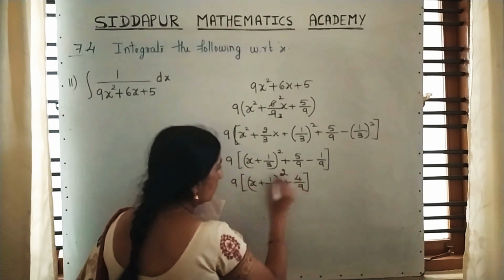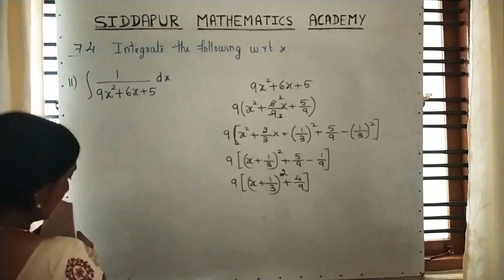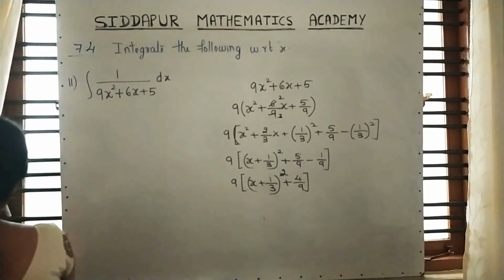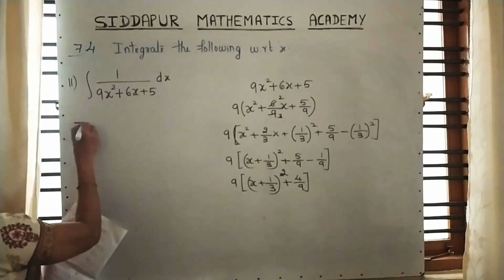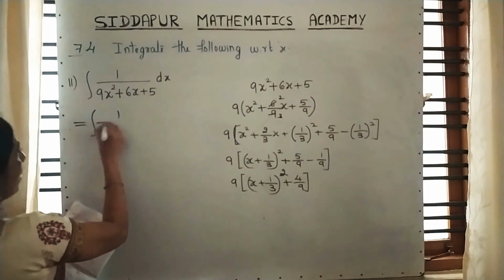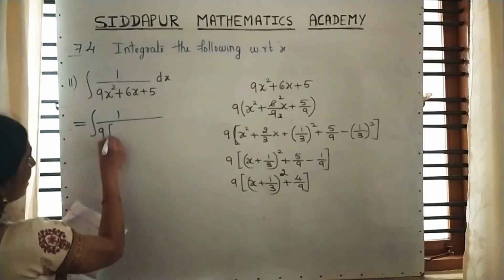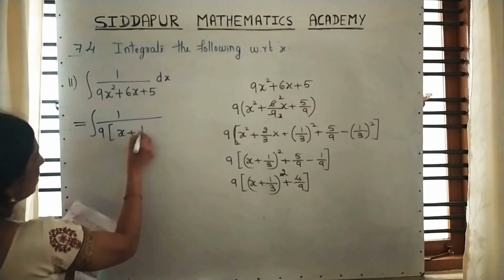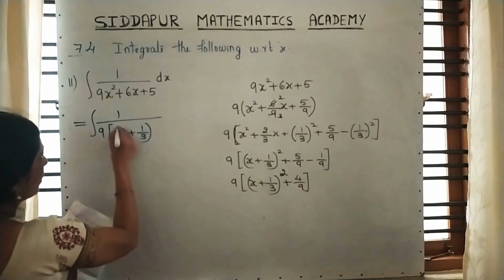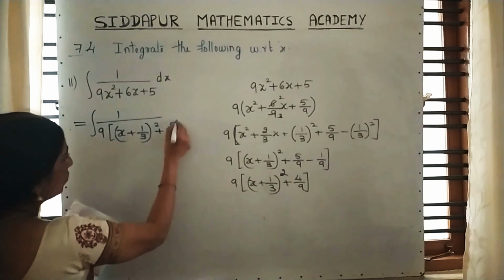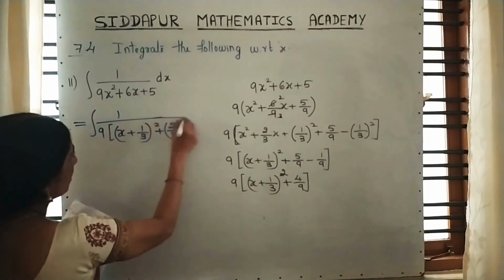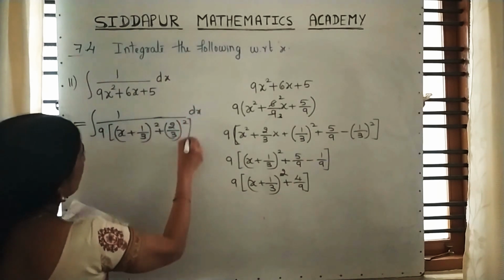See, is it simple or what? Yes. The only thing is it is just addition and subtraction like that. Now write down that value. It is 1 upon 9 in the bracket, x plus 1 by 3 whole square plus 4 by 9, which is 2 by 3 whole square, into dx.